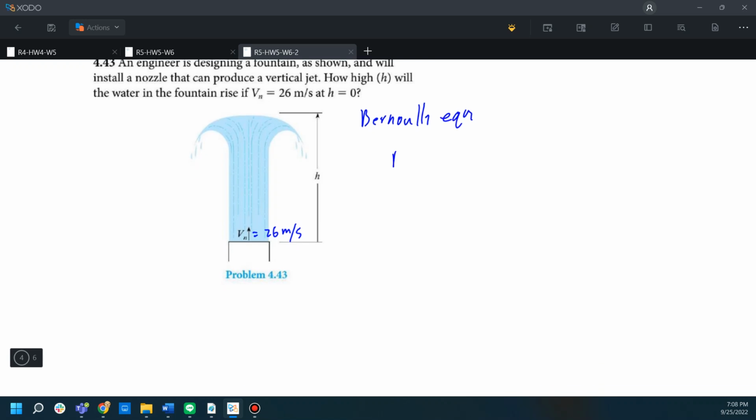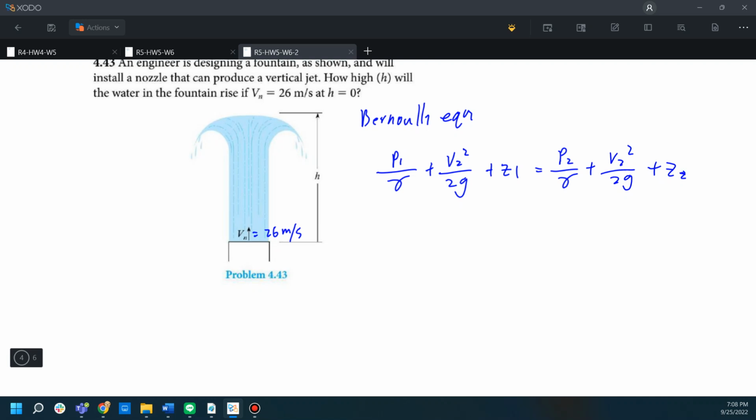So the Bernoulli equation shows you the equivalence of 2 points which have these few terms: P2 plus V2 squared plus z2.